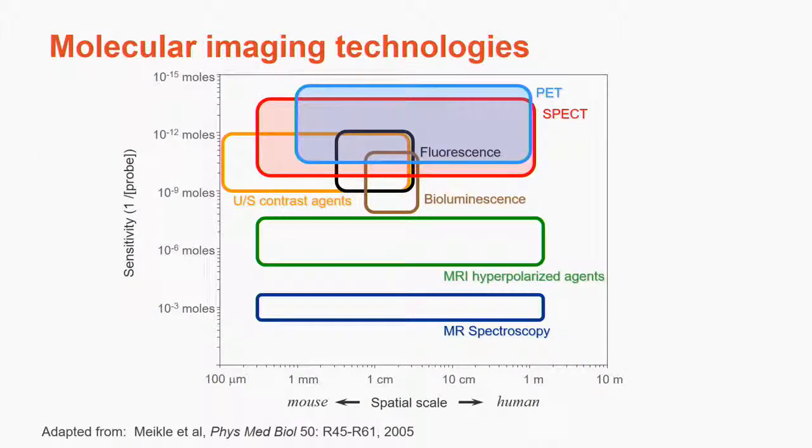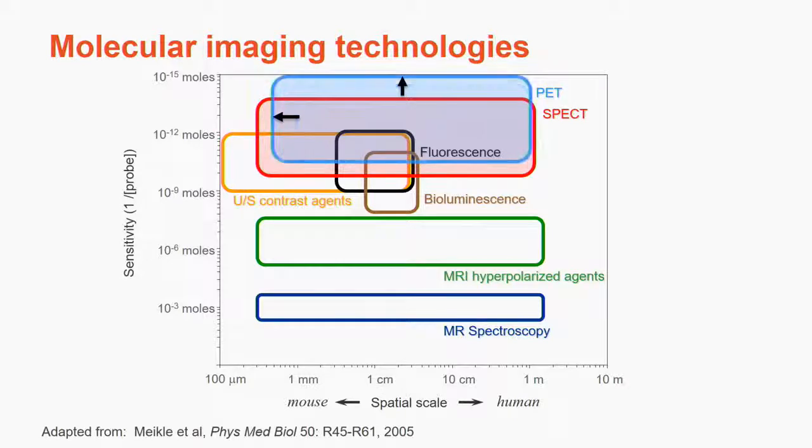So just returning to that diagram I showed, I think we've made a lot of progress, and the message I wanted to get across is it often feels like all the problems have been solved, but I think we've still got quite a long way to go in terms of pushing the performance of our SPECT and PET systems.